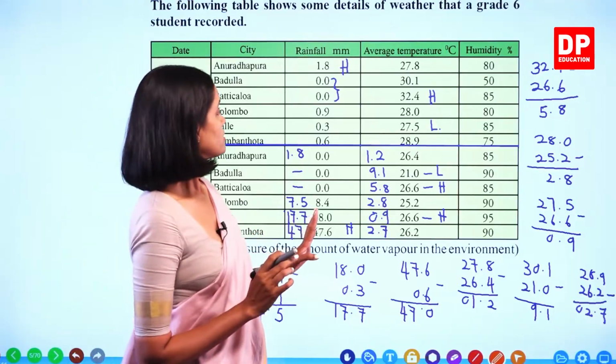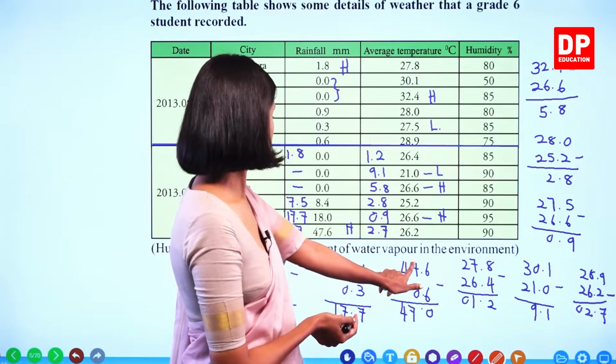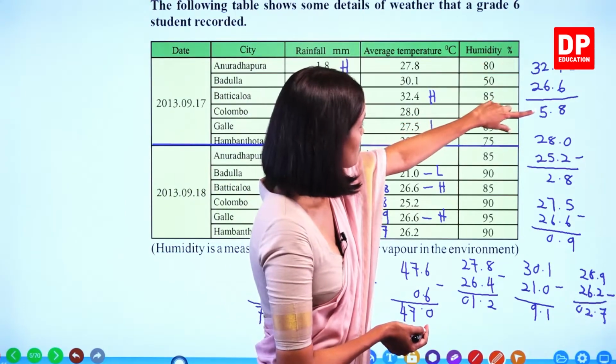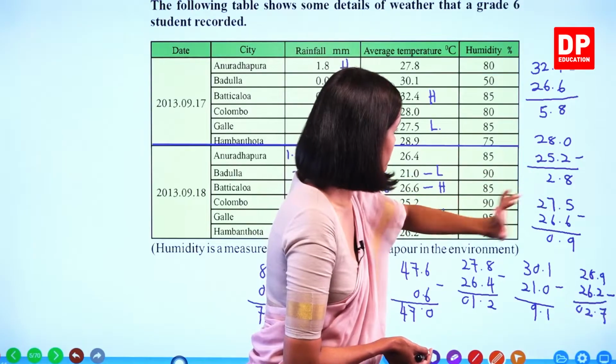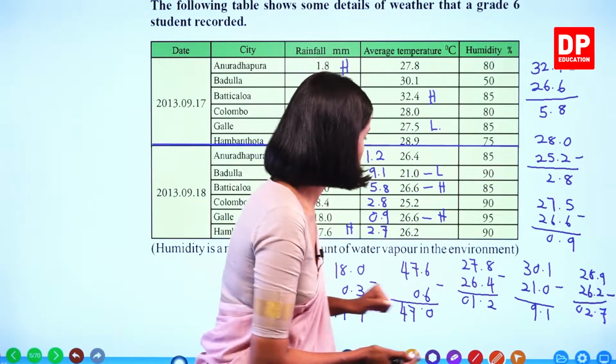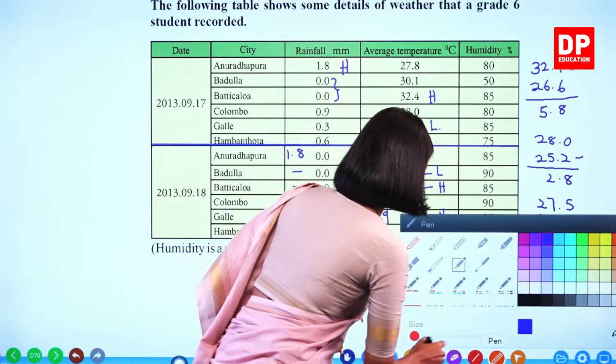Right? Did we do it right? Okay, 47, right. 2.8 should be 4. 8 minus 4, it should be 4.